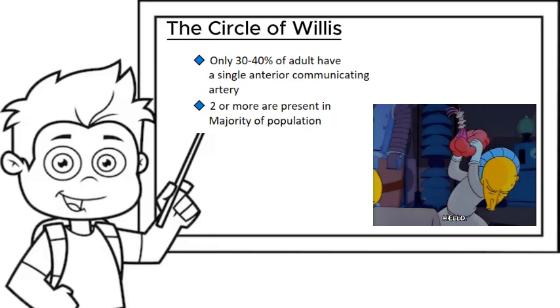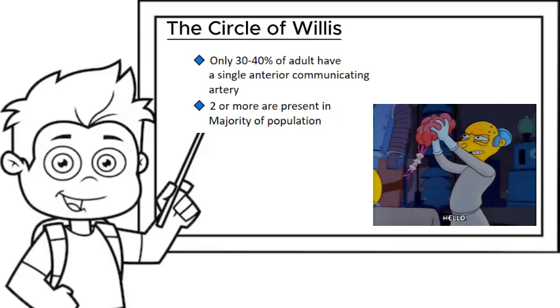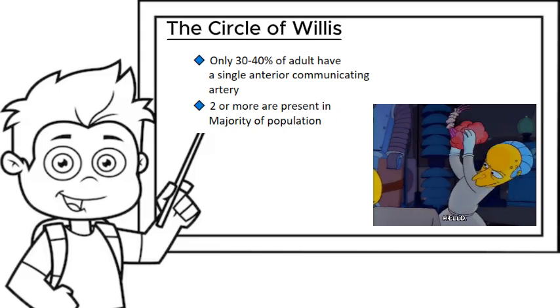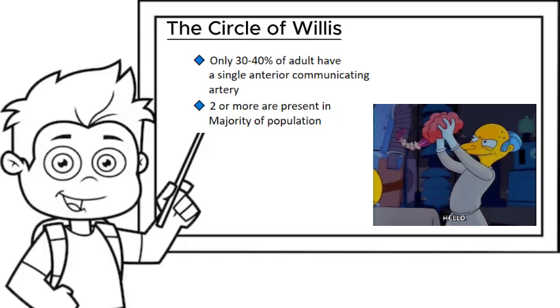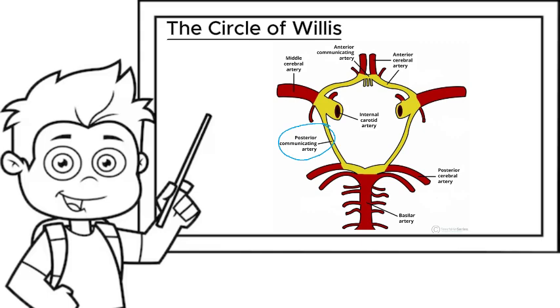This is a well-known fact to neurosurgeons, but for the ease of our understanding, let's stick to one anterior communicating artery. The posterior communicating arteries connect each internal carotid artery to the posterior cerebral artery.